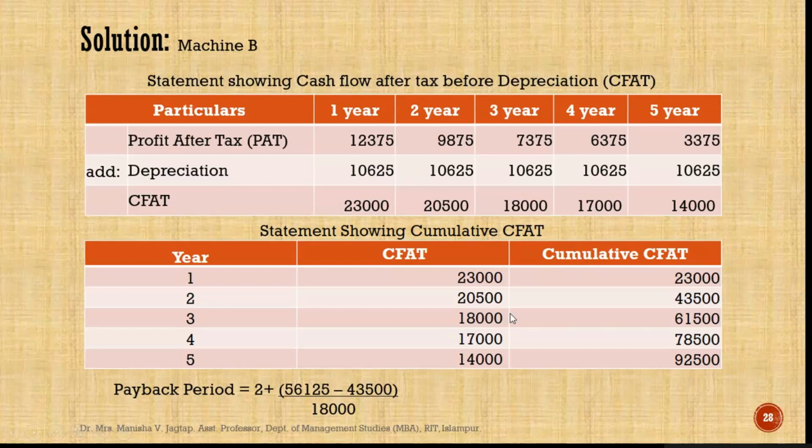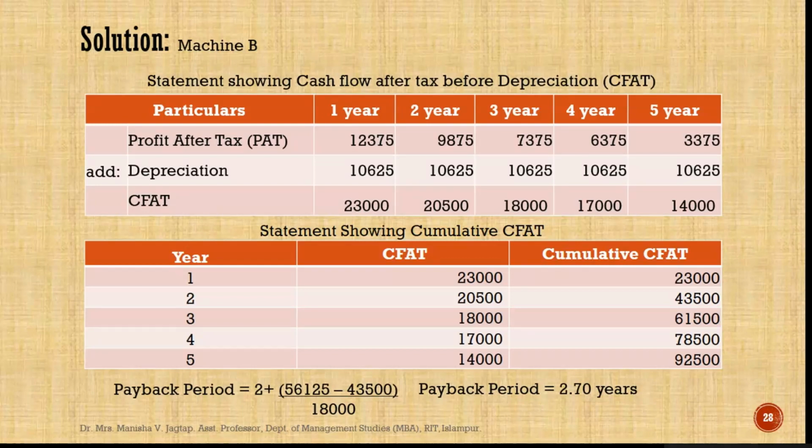And by applying this formula, we get the payback period as 2.70 years. That means when compared with machine A, payback period of machine B is less. Okay, by payback method, we can say that machine B is profitable to the business.